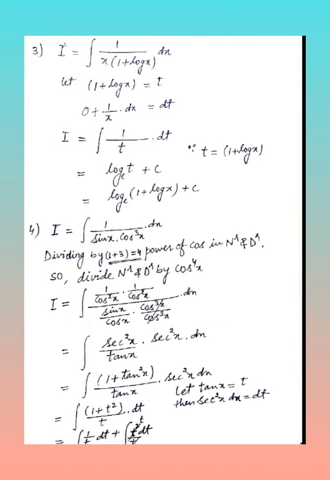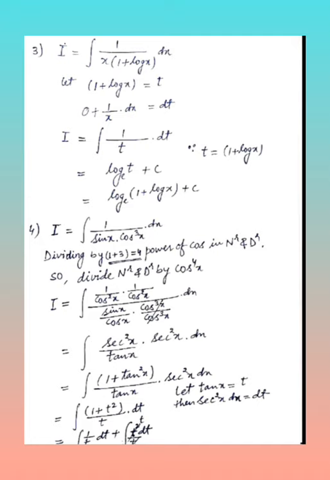Example third. Integration of 1 upon x into 1 plus log x dx. We assume 1 plus log x is equal to t. Differentiation of 1 is 0. Differentiation of log x is 1 upon x.